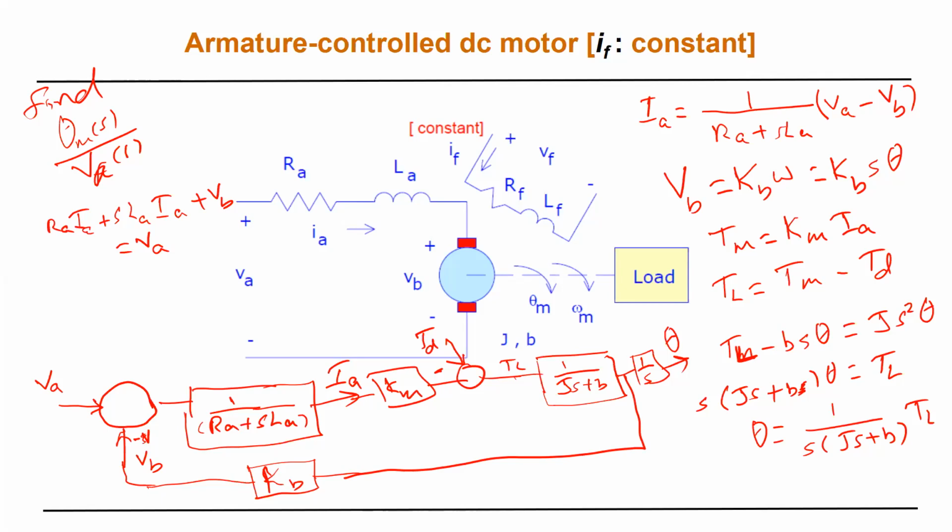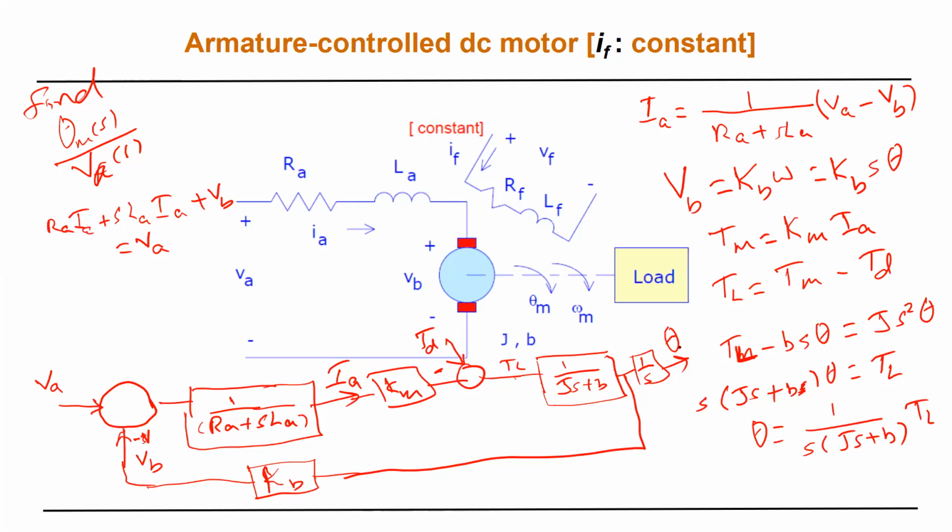Doctor, why is the feedback from there? Because look, in the transfer function, you should keep theta and VA and eliminate anything in between. Now we said VB equal to KB omega.